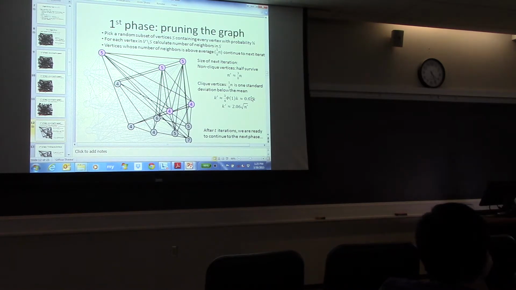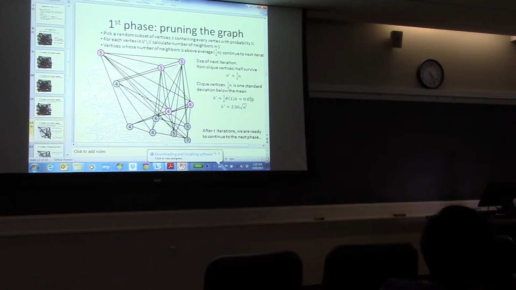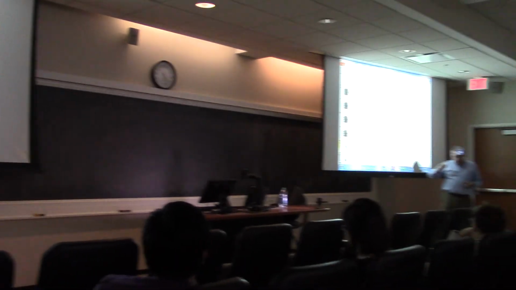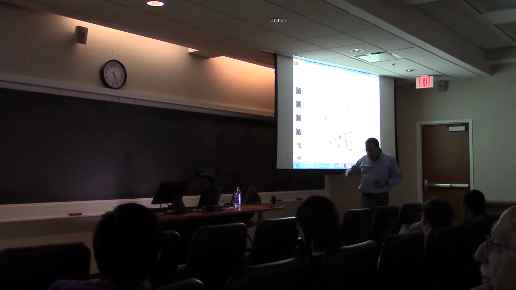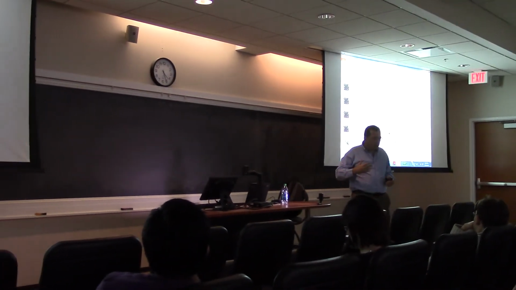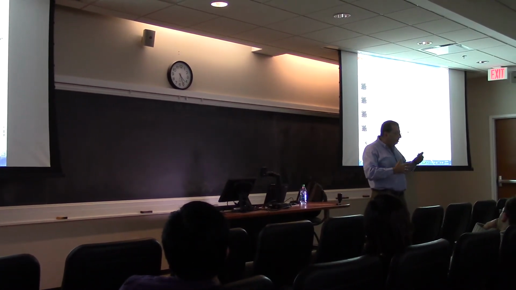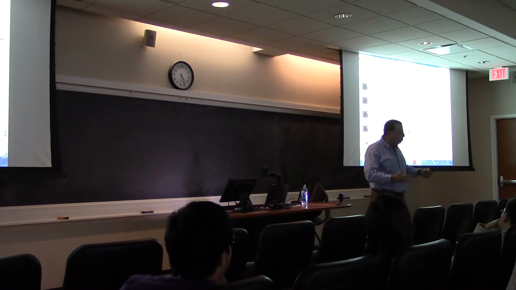Now what about the clique vertices? For vertices in the clique, it's actually easier to pass the threshold in the first round because they have neighbors in the red set that happen to be in the clique.